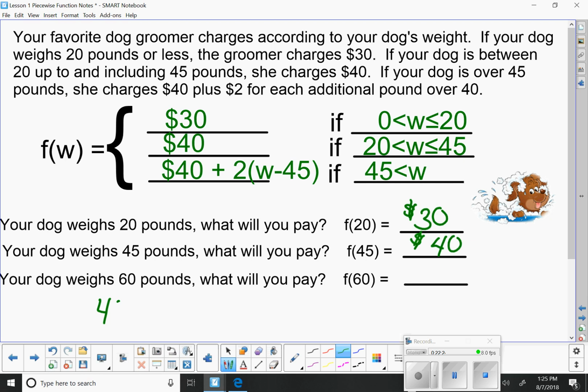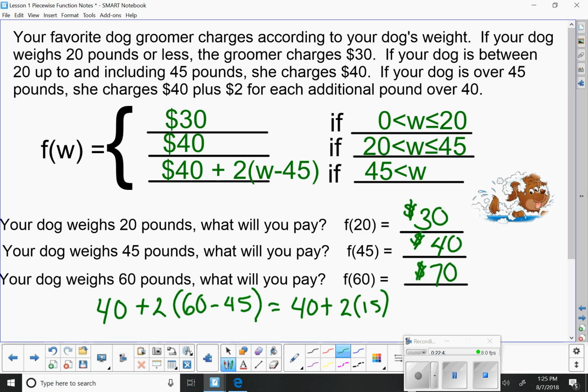That's going to be 40 plus 2 times the 60 minus the 45. This will be 40 plus 2 times 15, which is 30. So this is going to be $70. See? Lots of times when there are piecewise functions in the world that you didn't even think about.